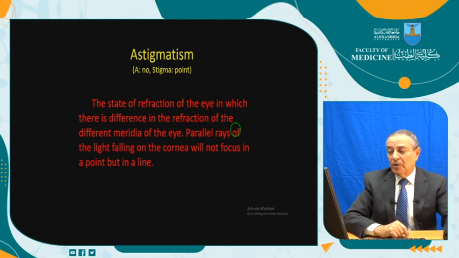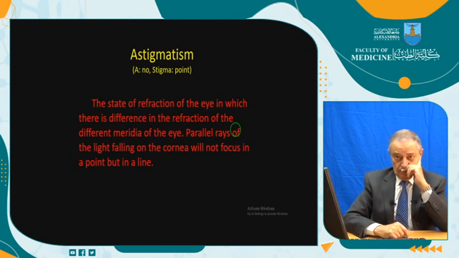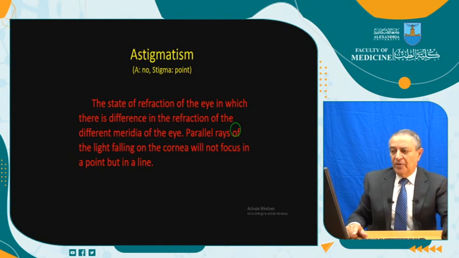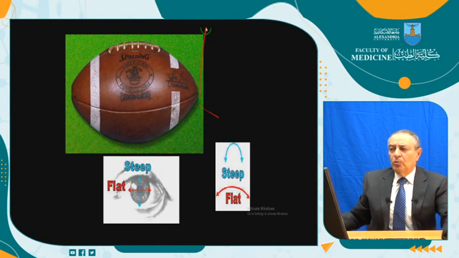Parallel rays of light falling on the cornea will not focus in a point but in two lines actually, not a single line. We have two focal lines, as we will see now in the lecture. The cornea looks like a rugby ball. It is steeper here and less steep here.